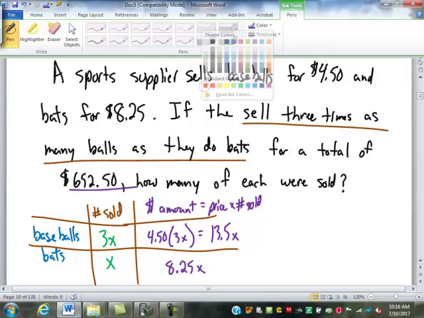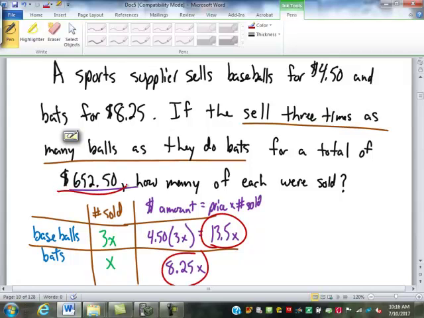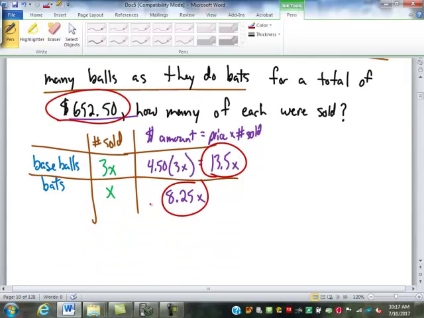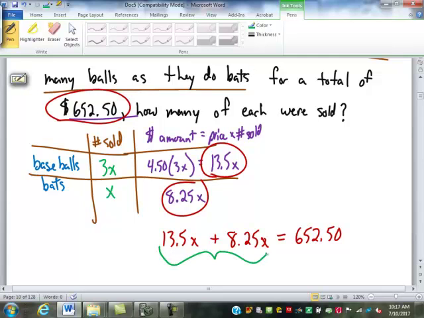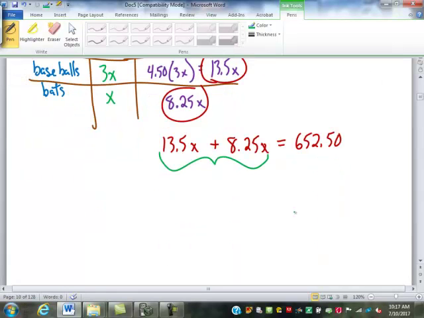Those are the two numbers that have to add up to the total dollar amount of $652.50. So 13.5x plus 8.25x equals $652.50. Then what? Combine the x's. 13.5 plus 8.25 is 21.75x equals $652.50.